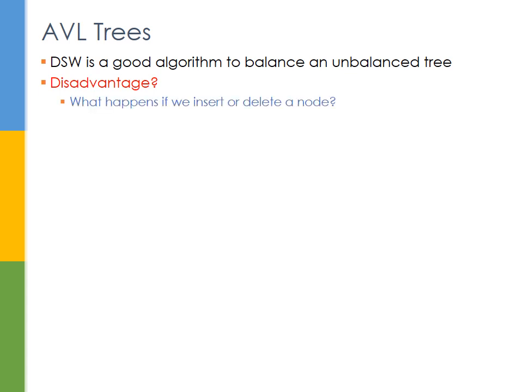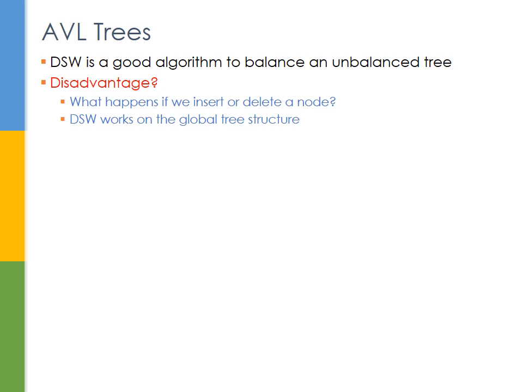Alright, so the major disadvantage with the DSW algorithm relates to what happens when we insert or delete a node within the tree. So what we see is that the DSW algorithm works on the global tree structure. In other words, it balances the entire tree as a single entity.